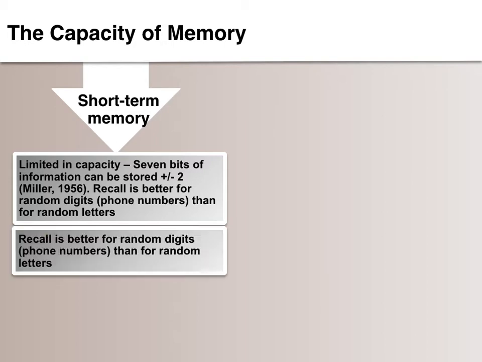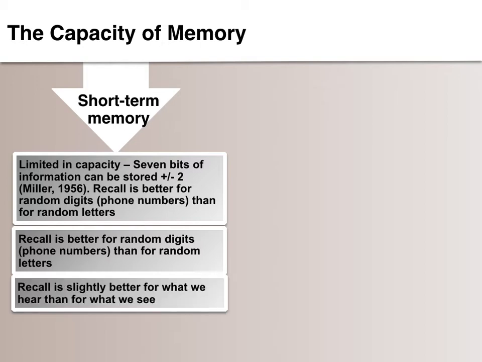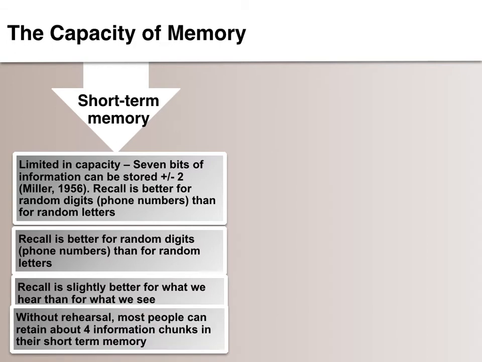So again, recall is better for numbers than letters. We also see that recall is slightly better for what we hear than what we see, so auditory recall is slightly better than visual recall. Without rehearsal, without trying to remember it, most people can retain about 4 information chunks in their short-term memory.